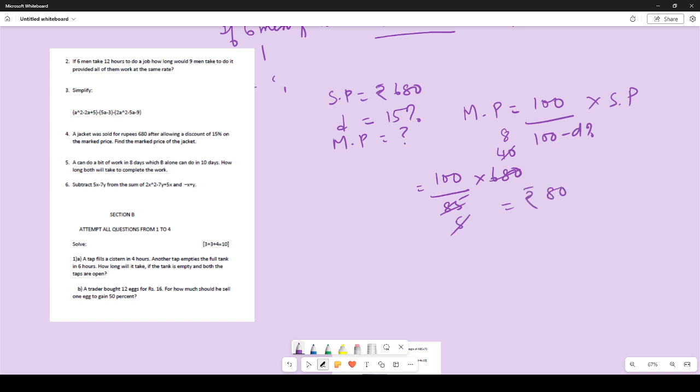The marked price was 800 rupees, and remember that the marked price is always more than the selling price. If you are getting marked price less than selling price, that means you are doing something wrong and you need to recheck it. So please be very careful about this concept.